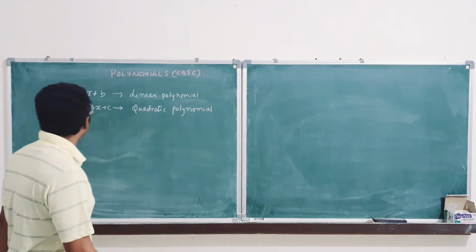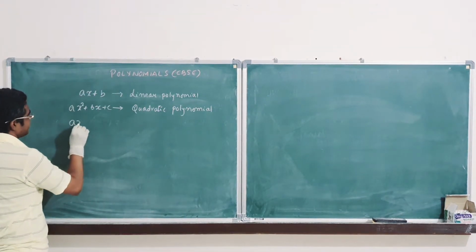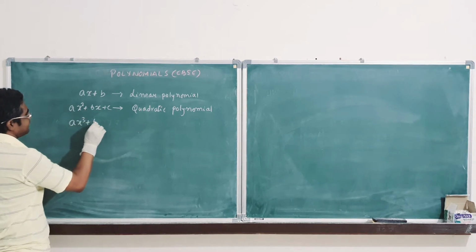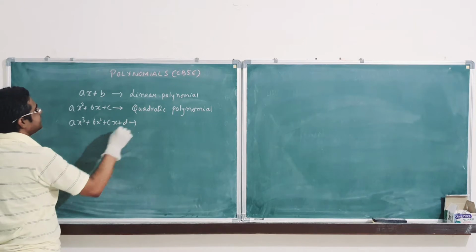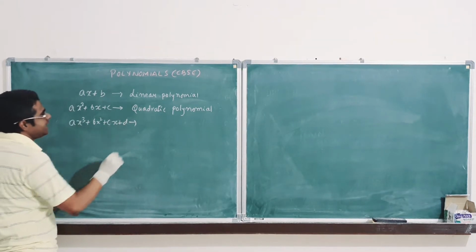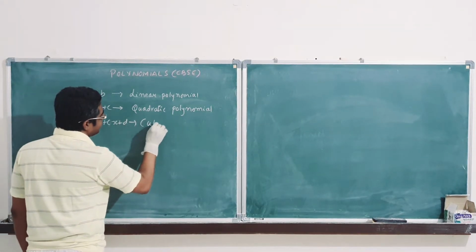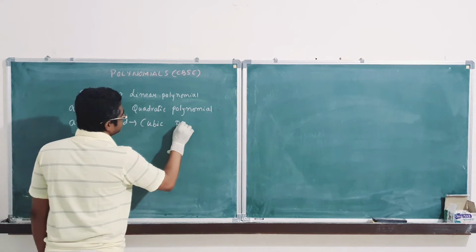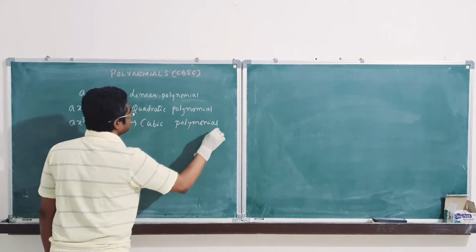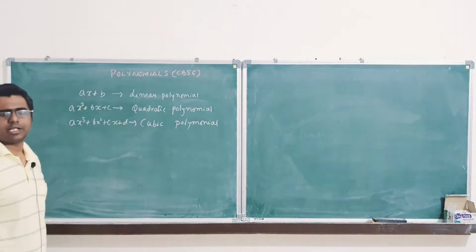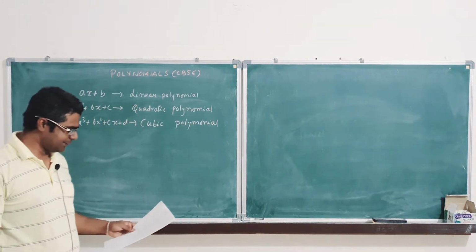Okay, if the degree is more than that, that is ax cube plus bx square plus cx plus d, here the degree of the polynomial is 3. It is called a cubic polynomial. So these are just names, nothing else, right? We have also discussed a bit of it in factor theorem, in the ICSE part.